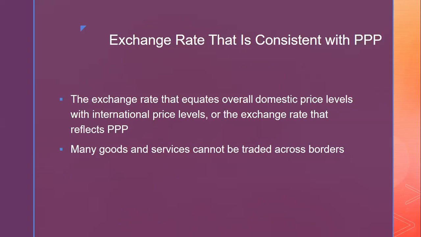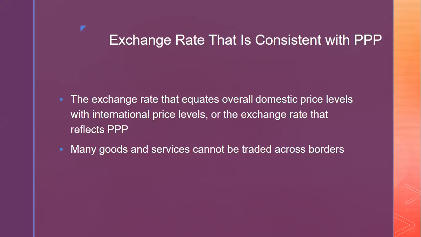So the limitation of this exchange rate is there can be some goods and services which cannot be traded across borders, and also as the PPP suggested, these arbitrage activities might not be practical across the borders, right?